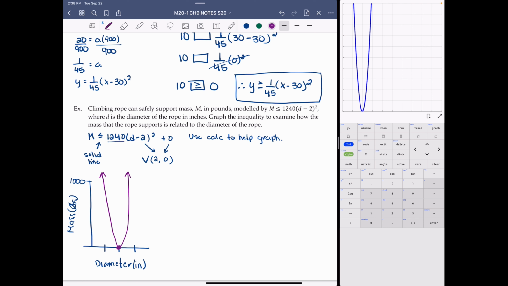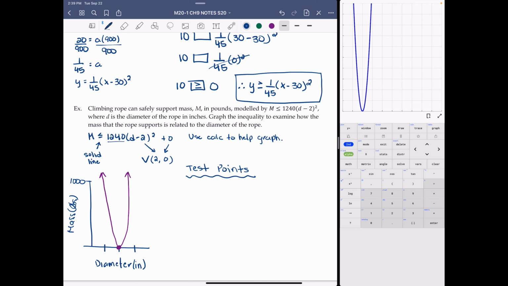Now we need to figure out which part is going to be shaded. So the next step is to do our test points. We need to test the point inside and test the point that is outside.